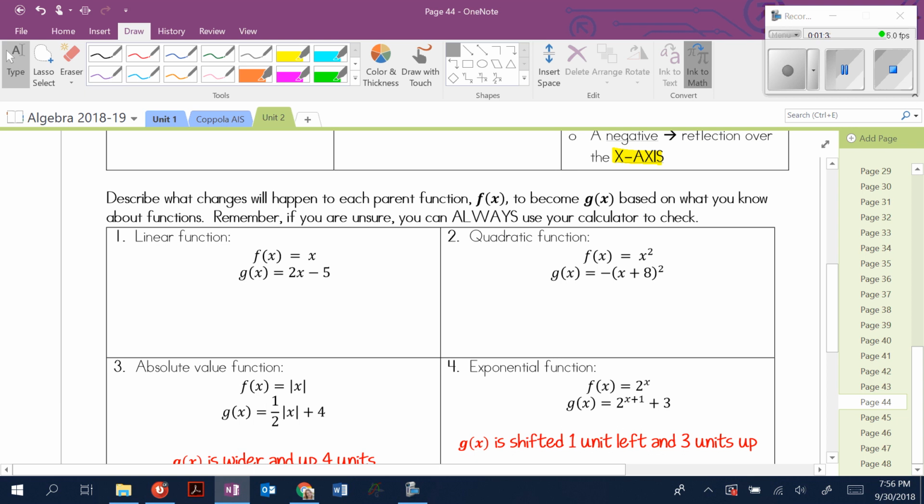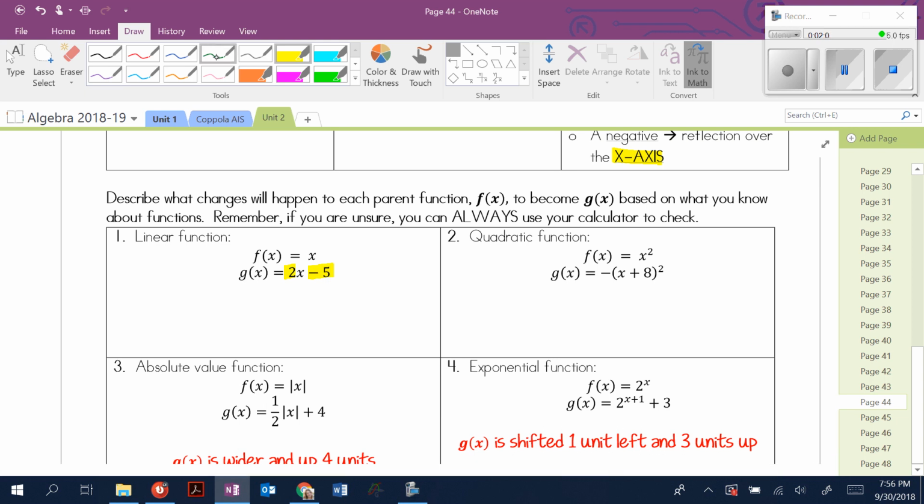Okay, describe what changes will happen to each parent function to become g of x based on what we know. If we ever need to, we can graph these, but I'm going to try to do this without my calculator. When you are doing this in your notes, we are definitely going to verify as much as we can. Number one is a linear function. The first thing is to talk about what is different. We are multiplying the x by 2 and subtracting 5.